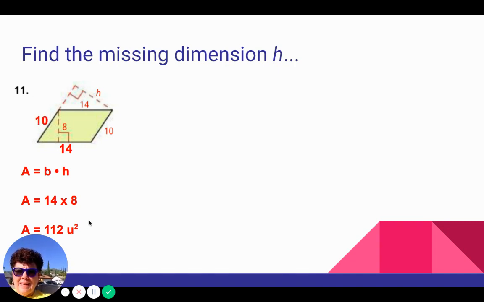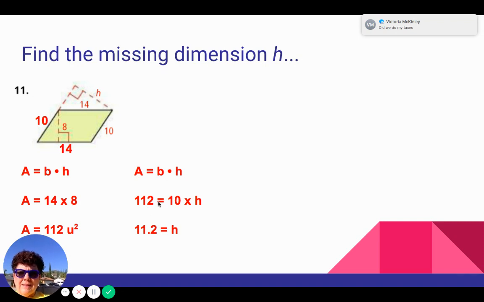And then, because this side is 10, I know the left side is 10, I can use that with my unknown perpendicular height. So area is base times height: use the area that we know, 112, set that equal to 10 times the height.